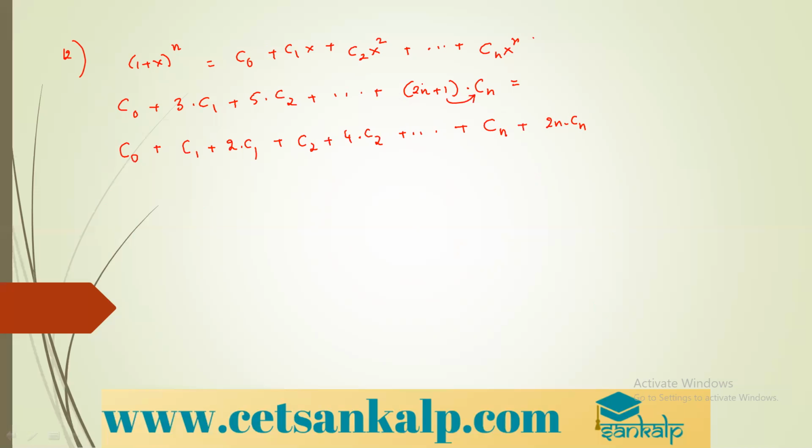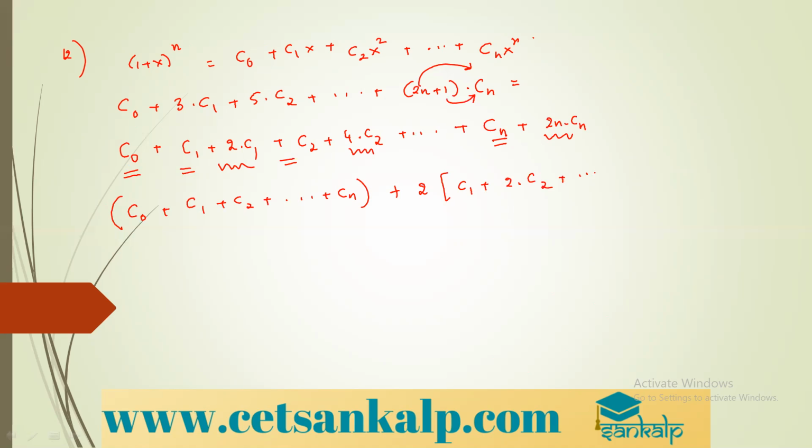Why? Because all these terms which I have taken 1, 1, I can make a group C0, C1, C2 up to Cn. And the remaining, I can take 2 common from them. So when I take 2 common, I will have C1 + 2 into C2 and so on. In the end, n into Cn.